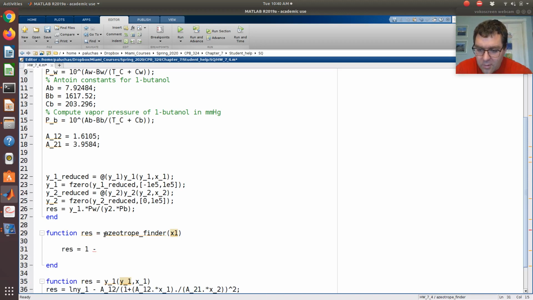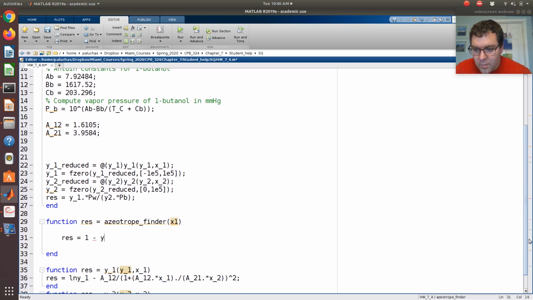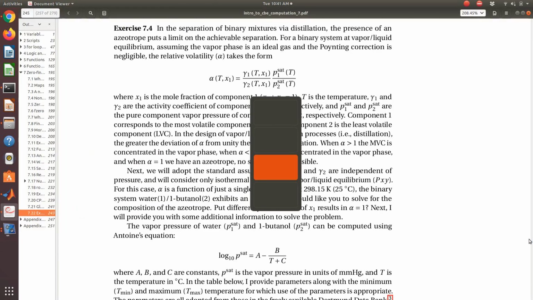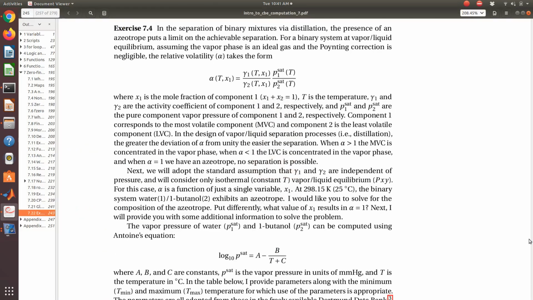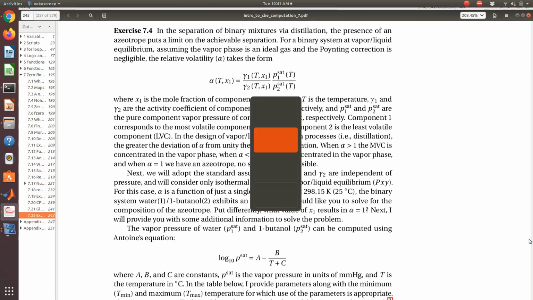They'll use this y1, y2 notation for gamma 1 and gamma 2. It'd be y1 divided by y2, times P1 divided by P2. Got it. Component 1 is water.